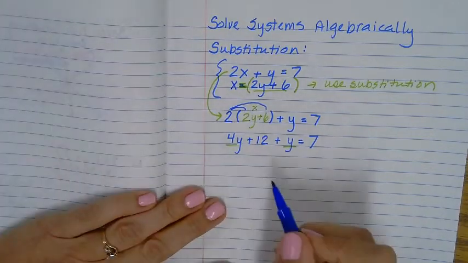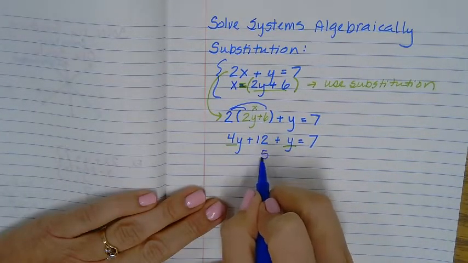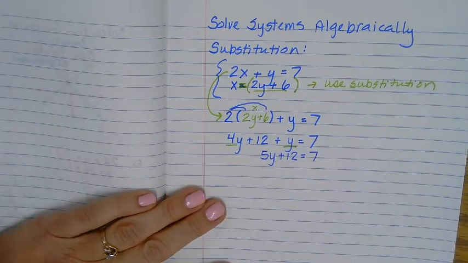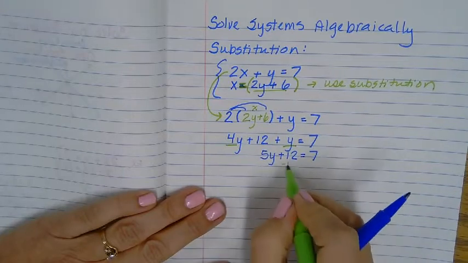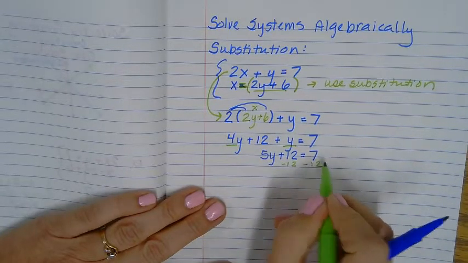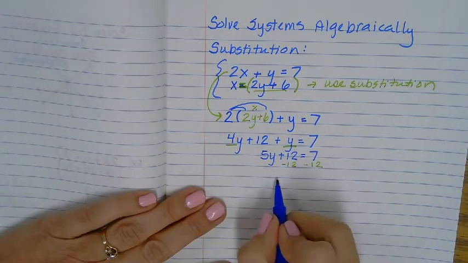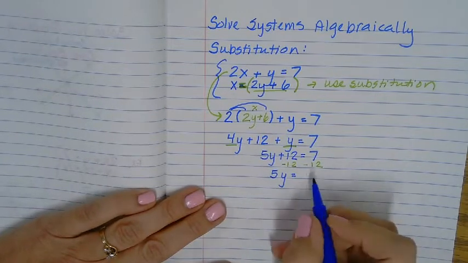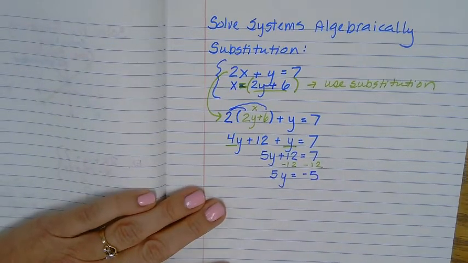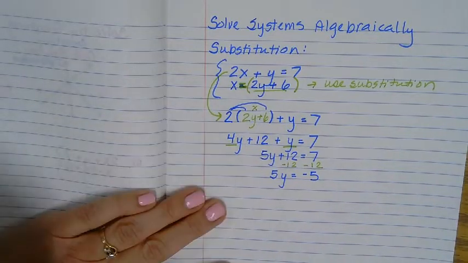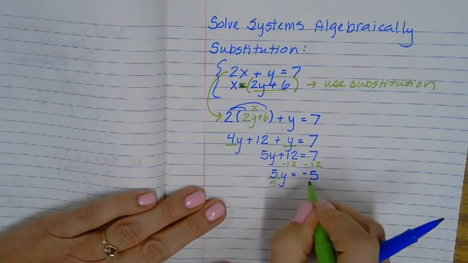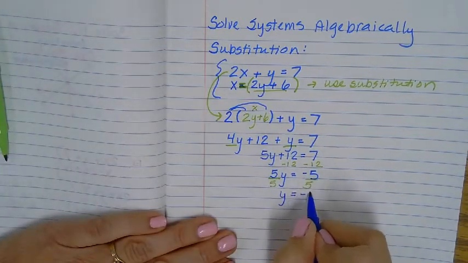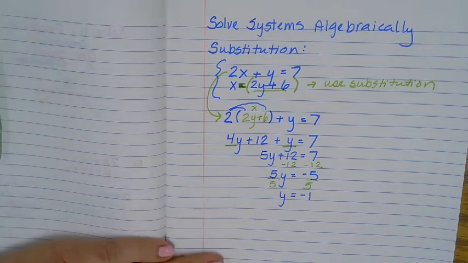So the 4y and the y, that's going to be 5y plus 12 equals 7. Now let's subtract 12 from both sides. So 5y equals negative 5. Divide both sides by 5. And you get y equals negative 1.